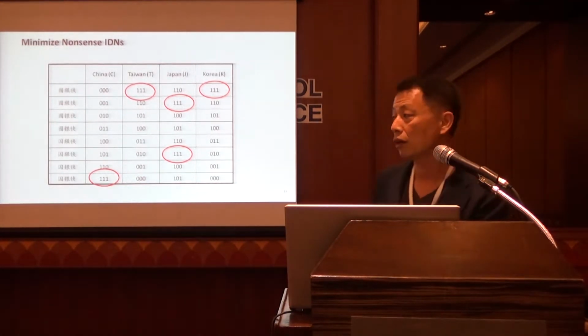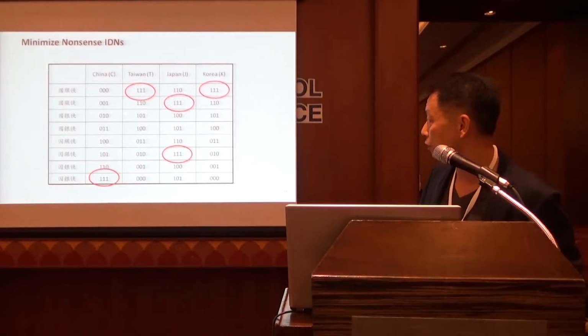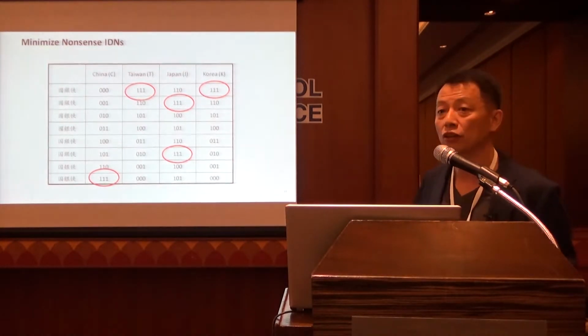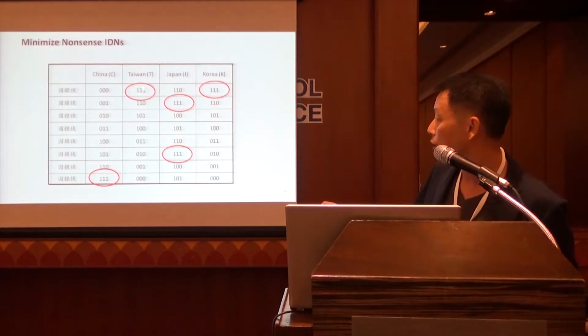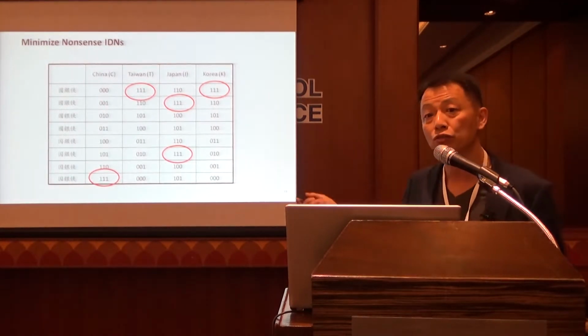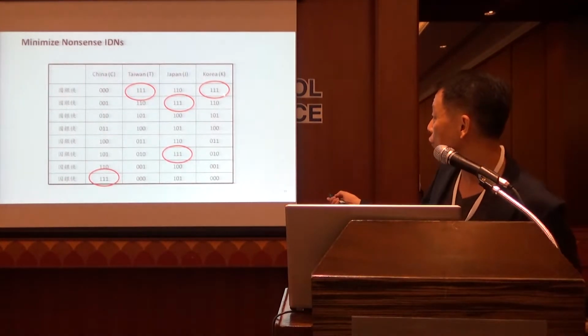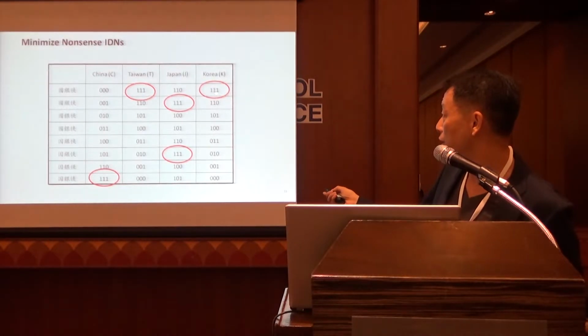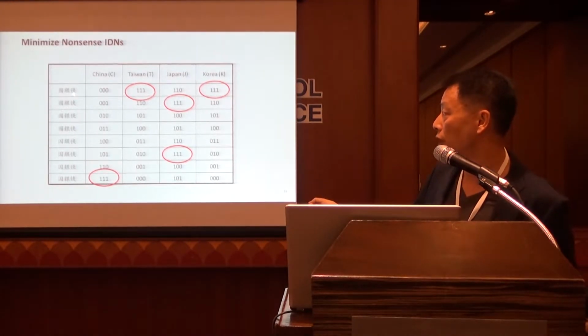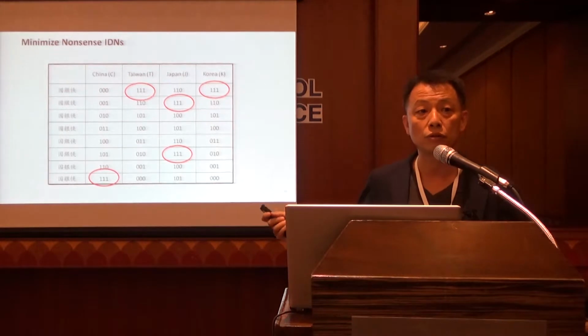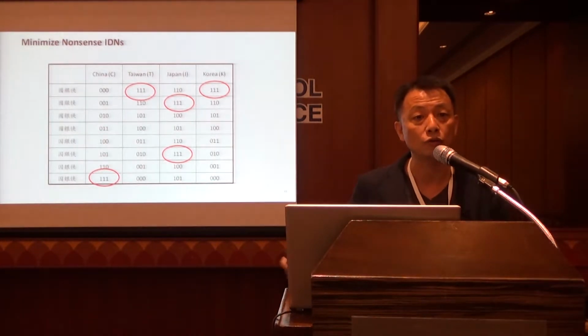Using the validation measure, for example, these characters are all valid in traditional Chinese, so that string can be accepted into the DNS zone file. And for example, these are valid in Korean, so these 3 characters can be registered into the DNS zone file.